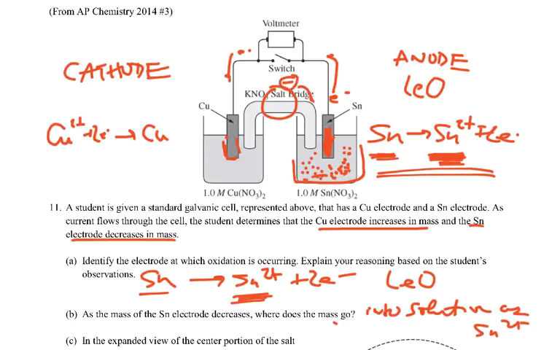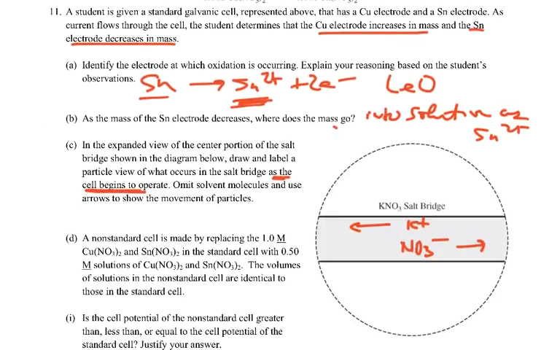In the same way, on the left side, some of our positive ions are becoming neutralized, so we need more positive ions to come this way to stay electrically neutral. So the positives are going to move to the left, and the negatives are going to move to the right. Now you might say, well, I want to include those tin ions and everything in there too, but it says initially when it just begins to operate, so all we have are potassiums and nitrates.